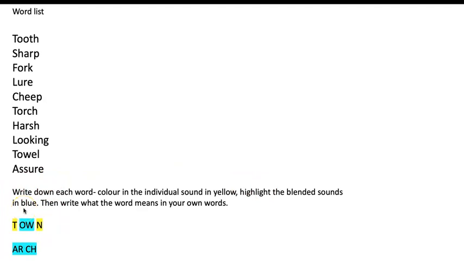So if they've only got one phoneme, which is one sound with one letter, like the t in town is on its own, we're going to highlight that in yellow. We've got the ow in the middle, two letters making one sound, so we're going to highlight that in blue. And then we've got the n on the end, which is an individual sound, which we're going to highlight in yellow. Once you've had a go at highlighting the sounds, then you're going to write the word meaning next to it.